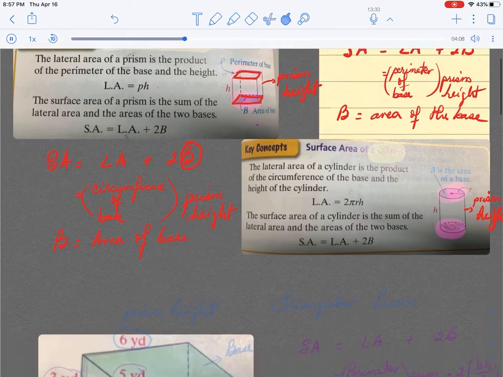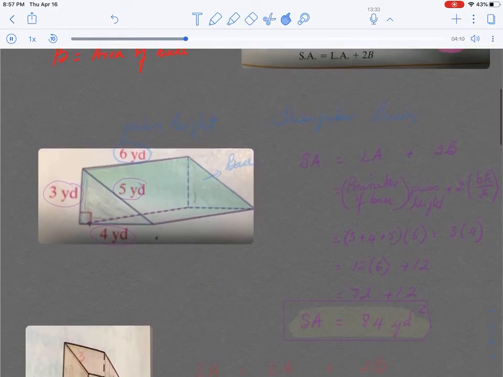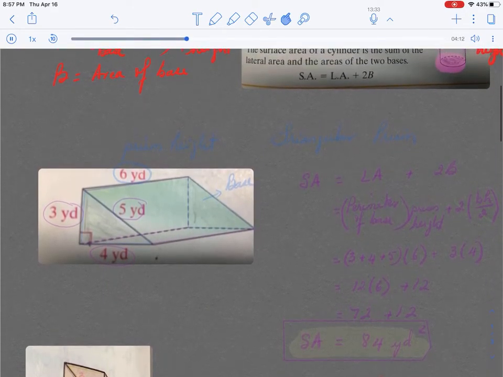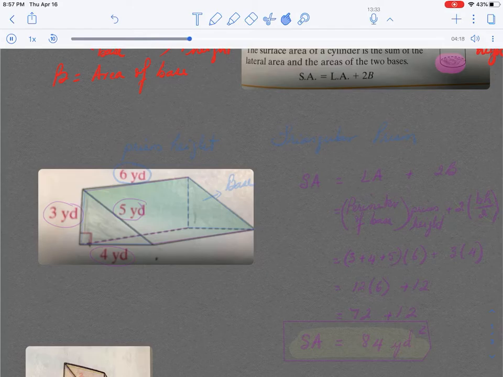Okay, let's take some examples. For this figure right here, I'm looking at the base. Let me change the color, not green. Let's do the blue. The base will be a triangle. Prisms will always have two bases.